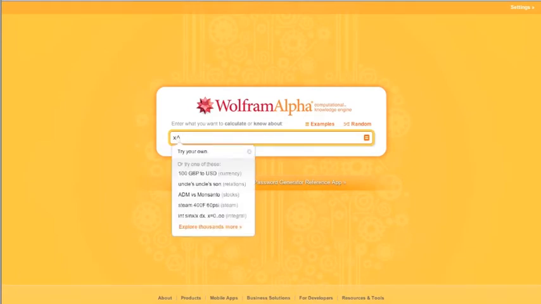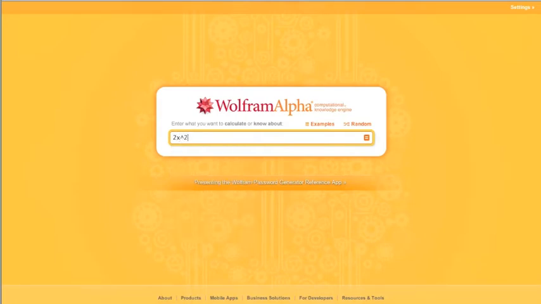Alright, so let's take a look at Wolfram Alpha. Again, we can just type both of our equations right into the search bar. So we've got 2x squared plus 16x plus y equals negative 26, and we also have x squared plus 8x minus y equals negative 19.